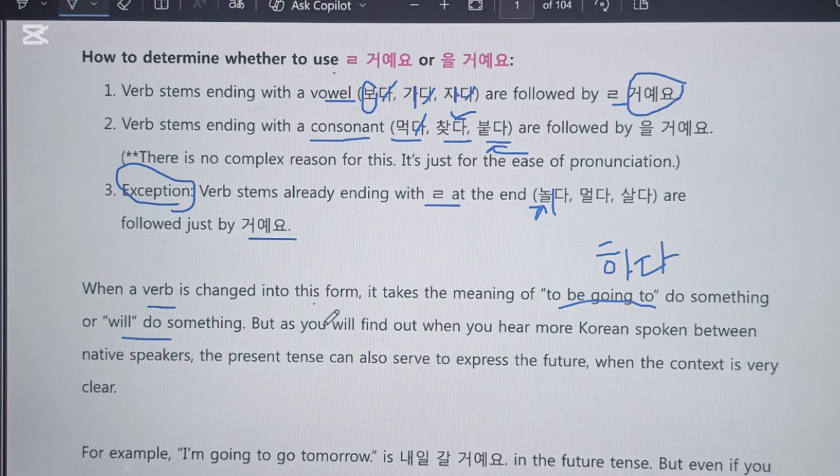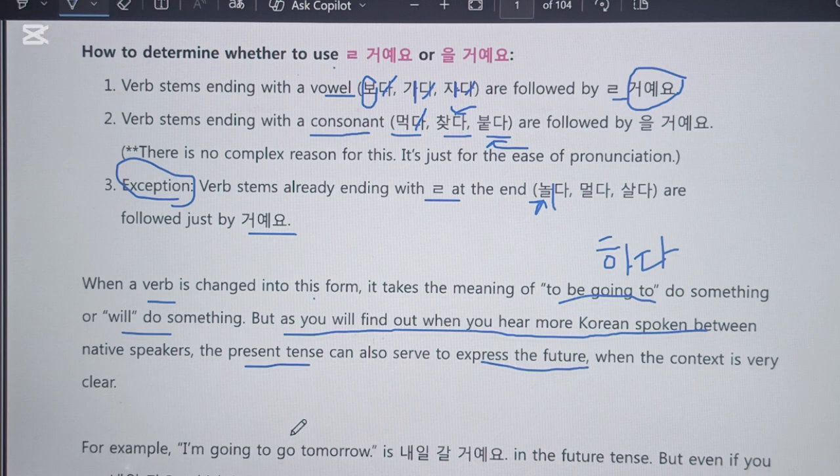Future tense. So as they're telling us, as we find out, or we shall be able to find out as we hear more Korean being spoken by native speakers, some sentences can just remain in present tense and also serve to express the future. An example is right here below.